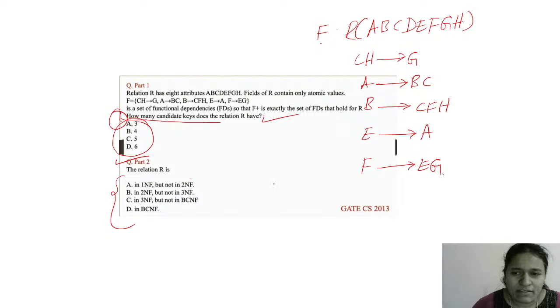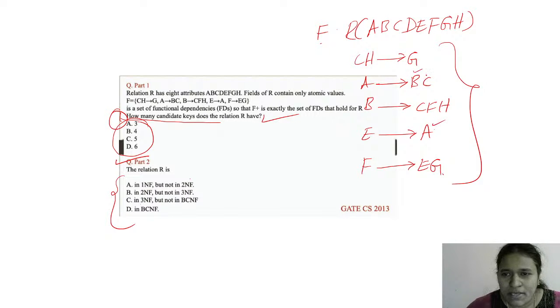Okay, before finding the candidate keys or primary keys, first of all, we have to see the right hand side of the given functional dependencies. Are all the attributes of the given relation present on the right hand side? A is there, B, C is there, D is not present, right?